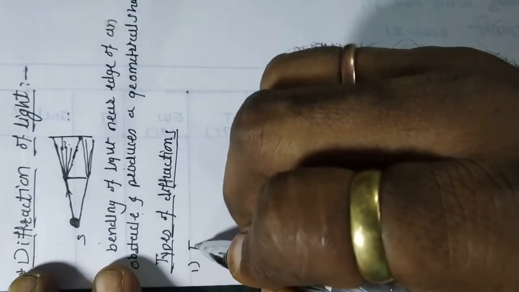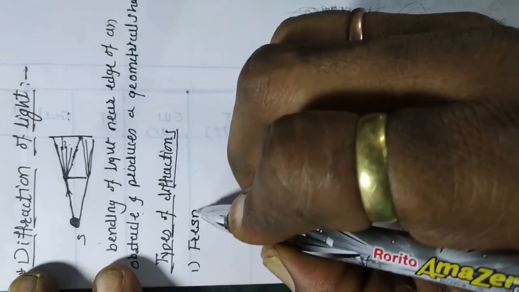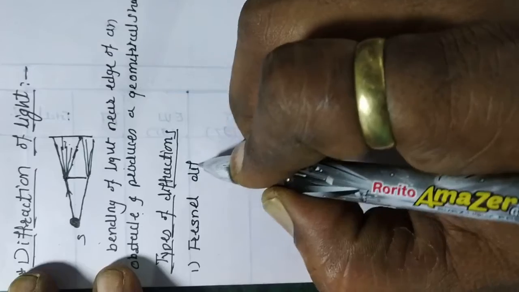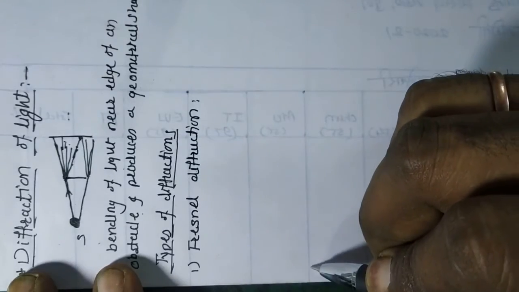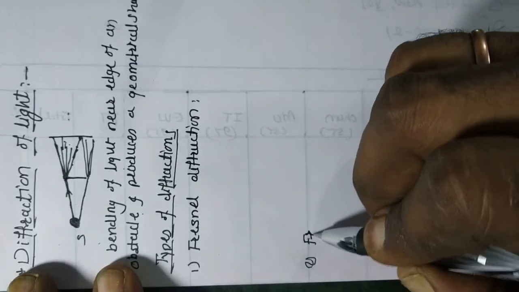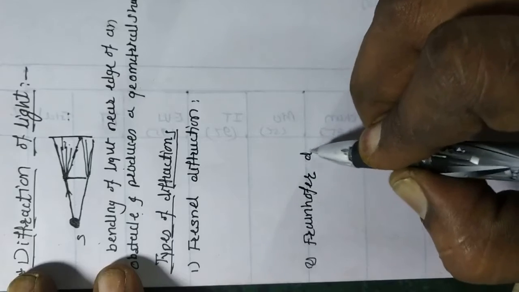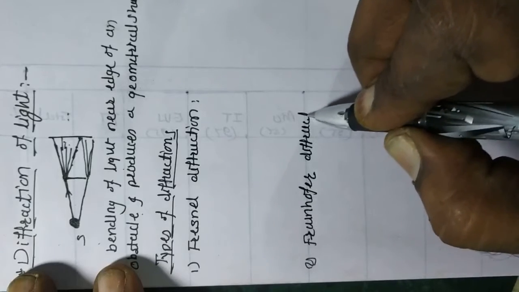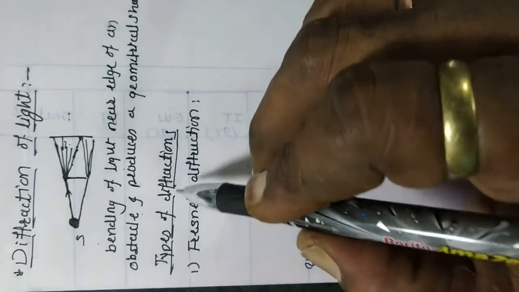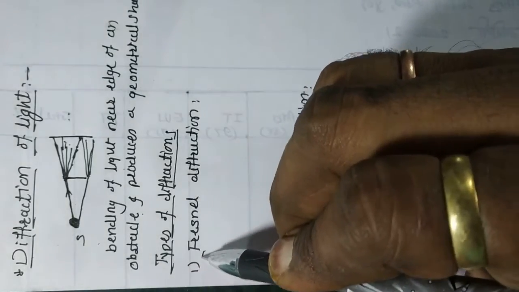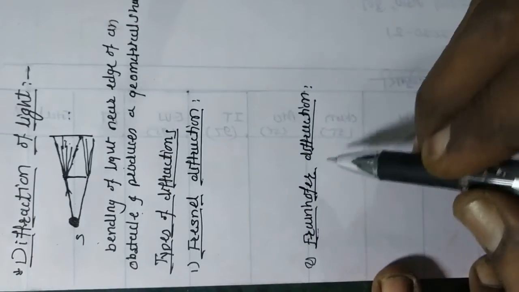One is Fresnel, F-R-E-S-N-E-L, Fresnel diffraction, and one more that is Fraunhofer diffraction, F-R-A-U-N-H-O-F-E-R, Fraunhofer diffraction.